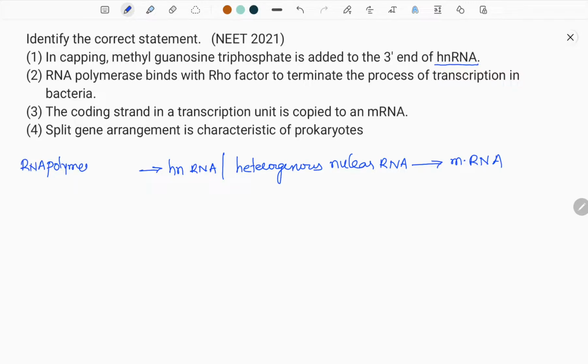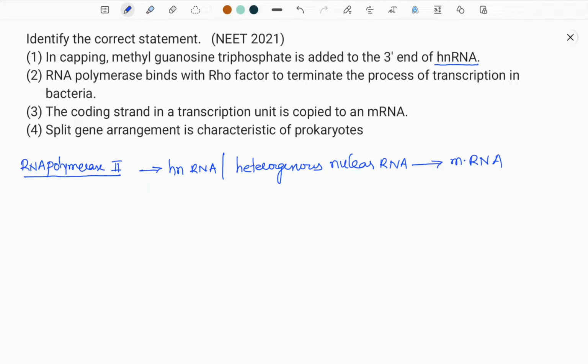There are three types of RNA polymerases: RNA polymerase 1, RNA polymerase 2, RNA polymerase 3. RNA polymerase 1 will give rise to ribosomal RNA, that is 28S, 18S, 5.8S.